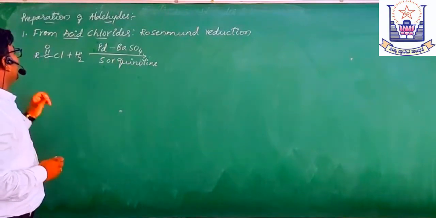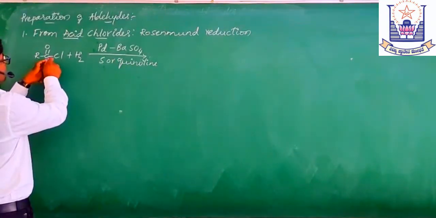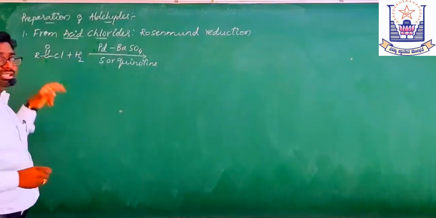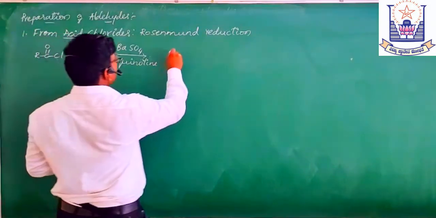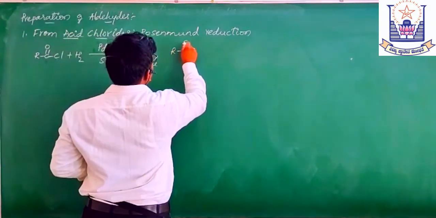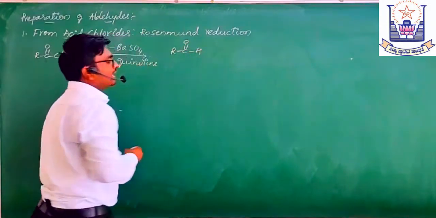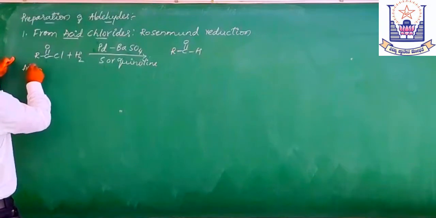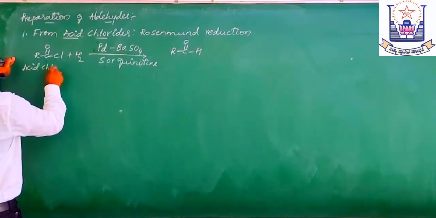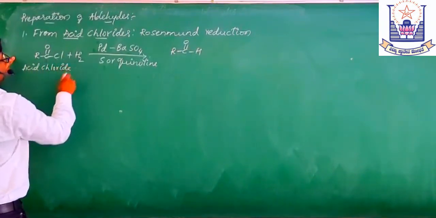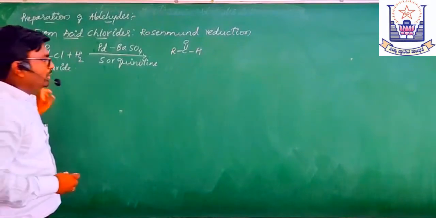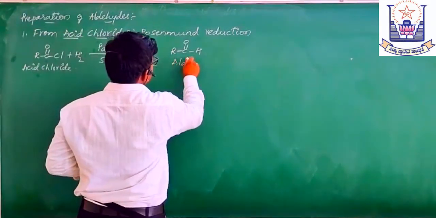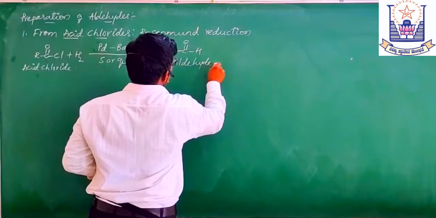What happens here? The Cl will be replaced with hydrogen, so you will get RCHO. This is called aldehyde. This is called acid chloride, or it is also called acyl chloride, and this is aldehyde.